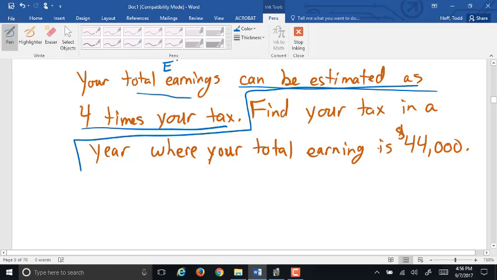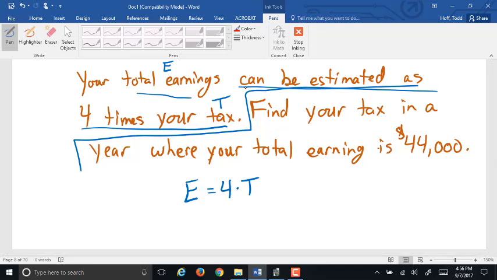So I'm going to let E be earnings, T be tax. E is equal to 4 times my tax. So as I mentioned, it's sometimes easier if you ignore the numbers first, pretend those aren't even there, and write the equation before you even look at them.